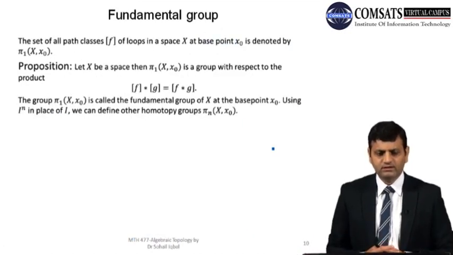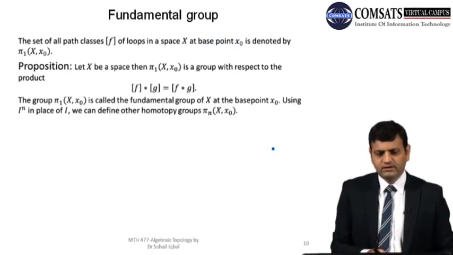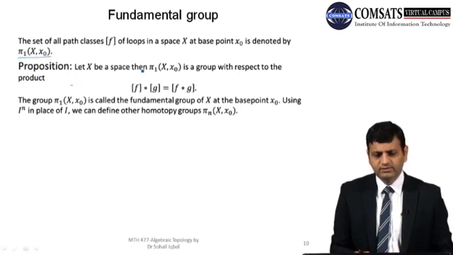The set of all path classes [f] of loops in a space X at base point x naught is denoted by this. Let X be a space, then pi 1 of X, x naught is a group with respect to the product this. So if I have the path class of f and the path class of g, then this star operation is operated on these two path classes and it will give me the path class of f star g.